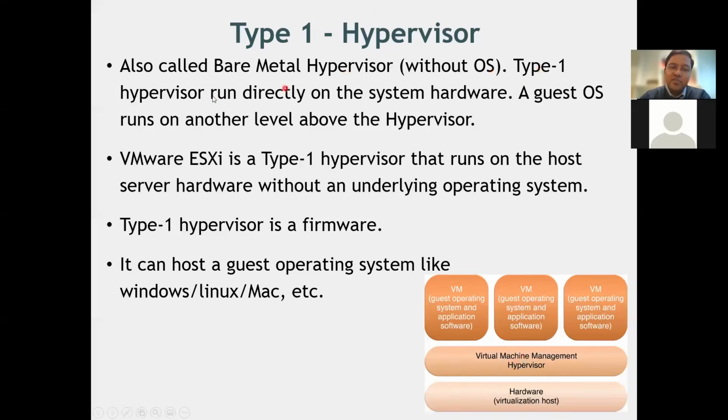Type 1 hypervisor runs directly on the system hardware. This means if we want to convert a system into a virtualization system, then before installing any operating system on the hardware, we have to install the hypervisor. The hypervisor can be VMware, Hyper-V, or any other hypervisor. So when a system is completely blank, that is when the hypervisor is installed.